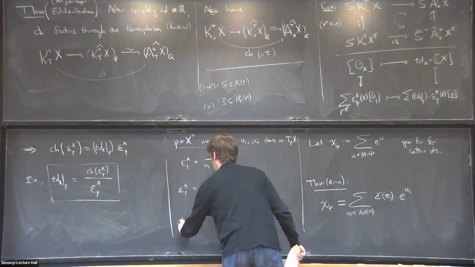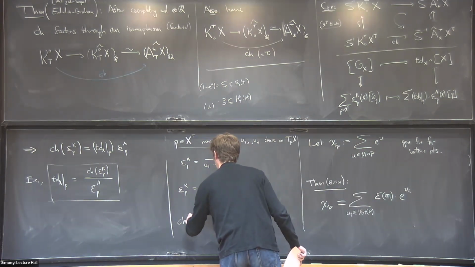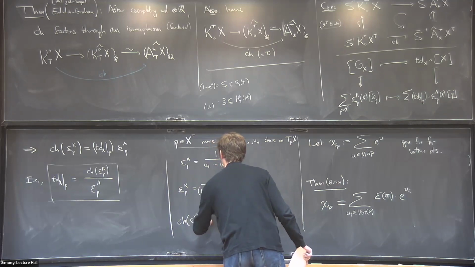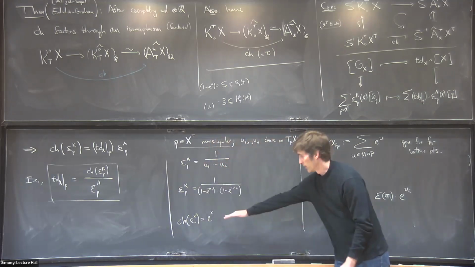Chern character of e^x is e^x considered as a series.